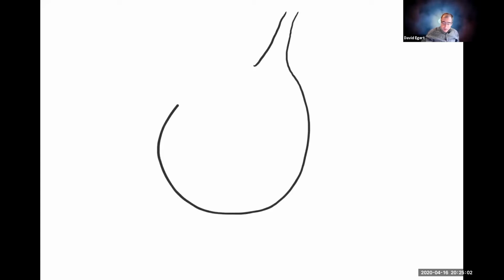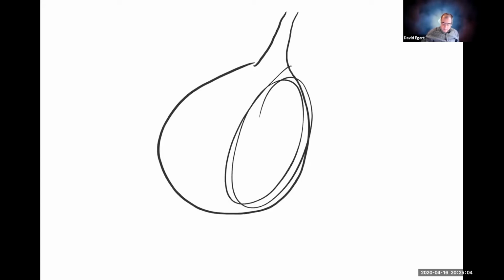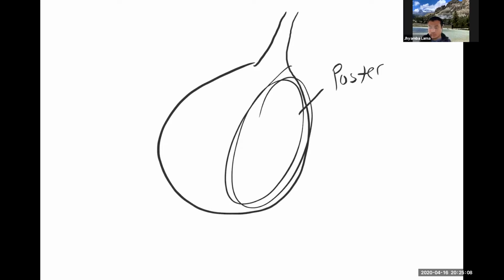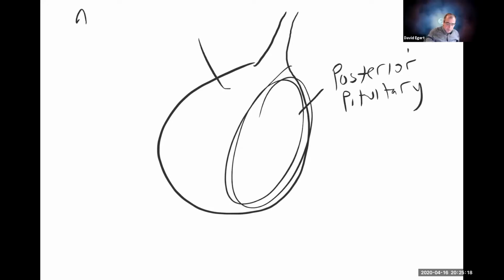Okay. Now what we're going to do is go through the different hormones that we're going to find being released by the posterior pituitary versus the anterior pituitary.